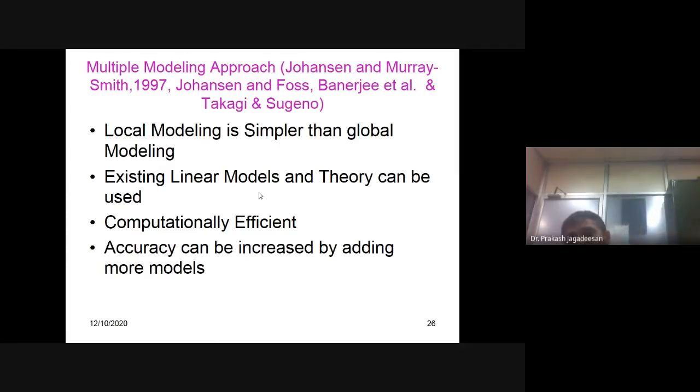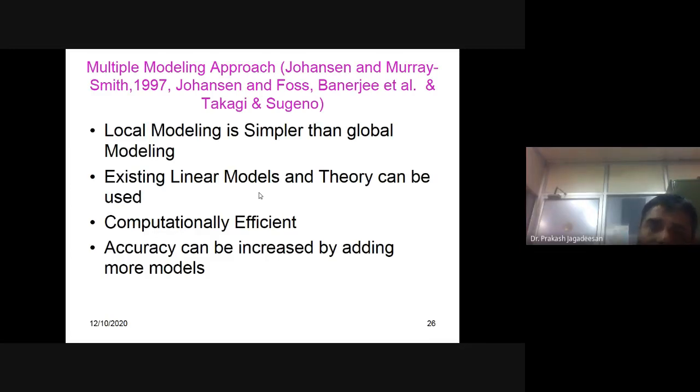In a nutshell, local modeling is simpler than global modeling. We want to build simple linear models around different operating points and combine them, so as to capture the dynamic behavior of the system over a wide operating region. And in certain regions, if the accuracy is not good, we would like to build models at those operating points. As a result, we can increase the accuracy.